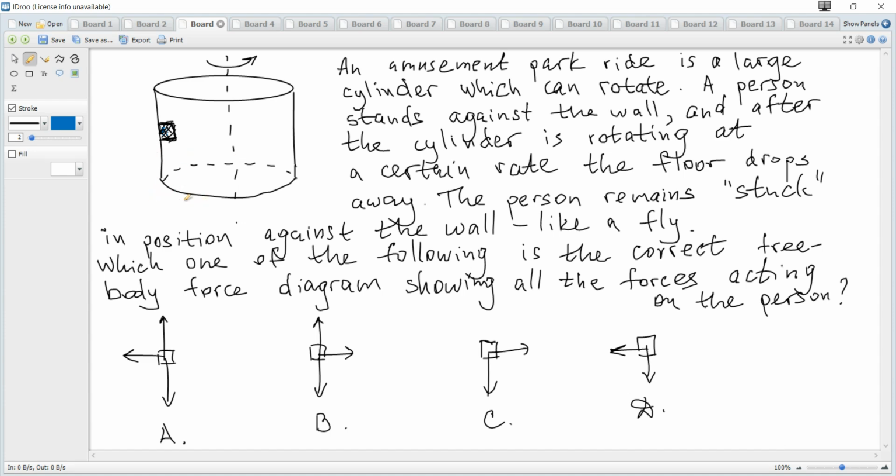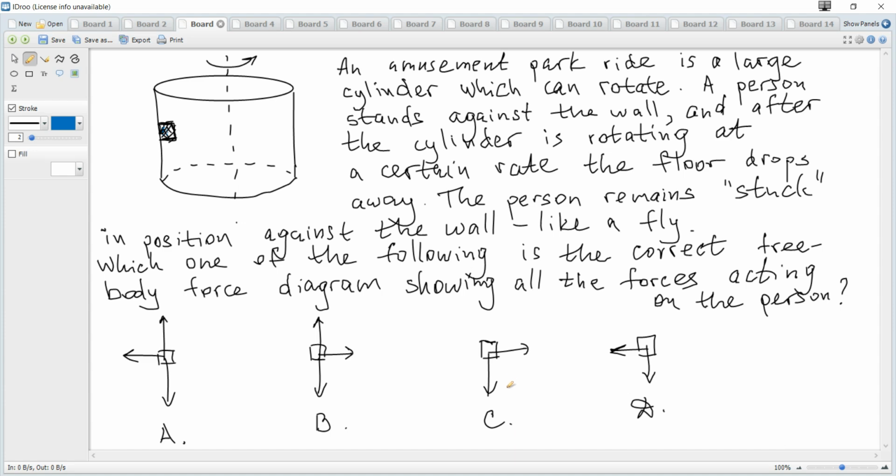in general. So since it is stationary in the vertical direction, or in general an object can be moving with constant speed, it will be the same as if it were stationary. So it means that forces must be balanced in the vertical direction.